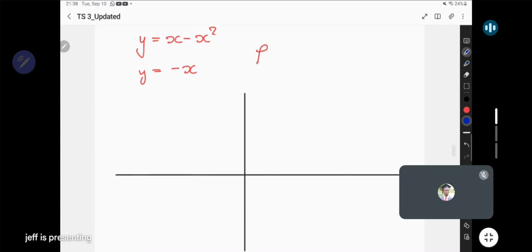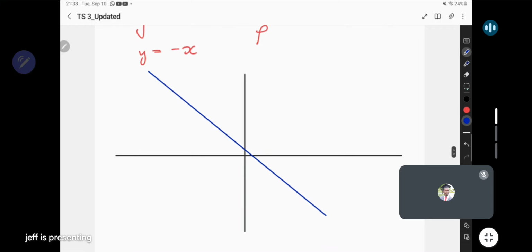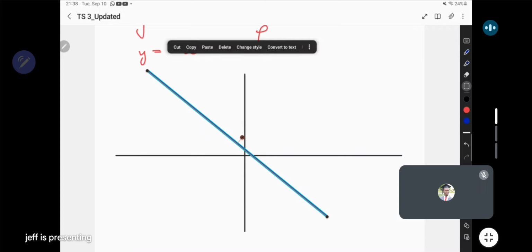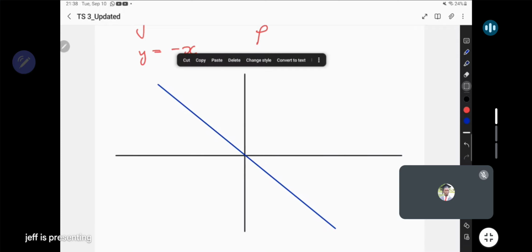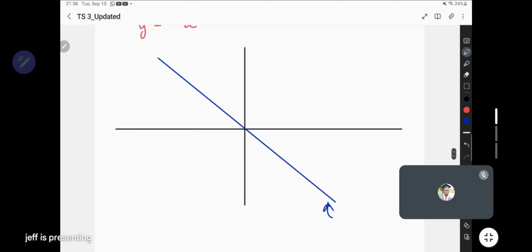The equation for y is equal to negative x looks like this. Knowing some of these equations in advance can really be of help, because you would not have to start going through the hassle of plotting them from scratch. Because I know y is equal to negative x slants downwards like that. Y is equal to positive x would have had to be something like this. But since it's y is equal to negative x, we have that one there. So we can even label it y is equal to negative x.